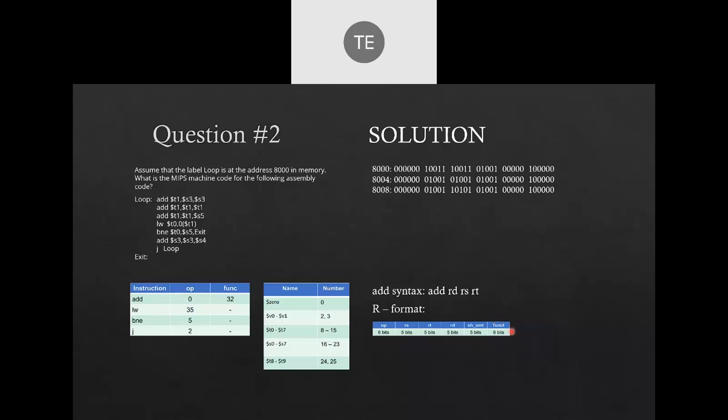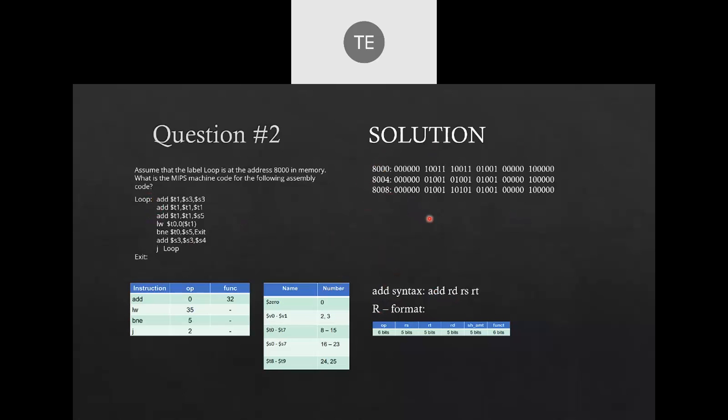First of all, let's take a look at the code. We have several lines of code, right? To be able to translate that, we have some standard to do that. So let's get started. The first syntax I would present to you is the R format, which is on the right-hand side below.